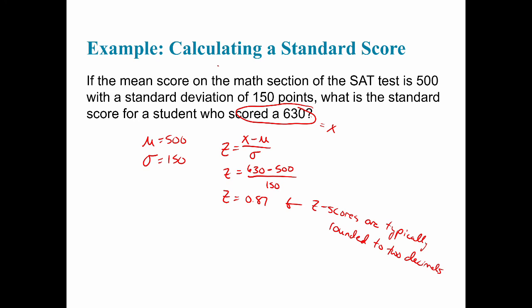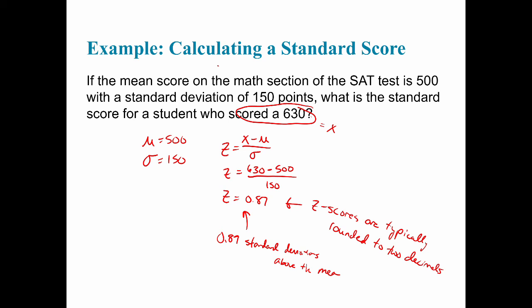So what this means is this student was 0.87 standard deviations above the mean. Whichever way it is, that's determined by the sign of the z-score.